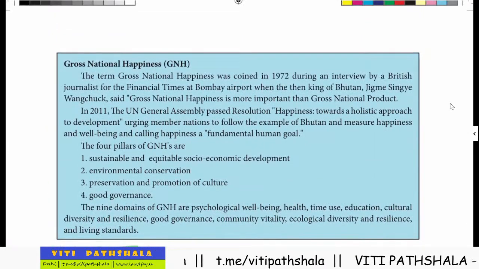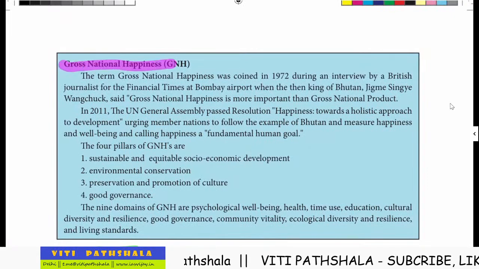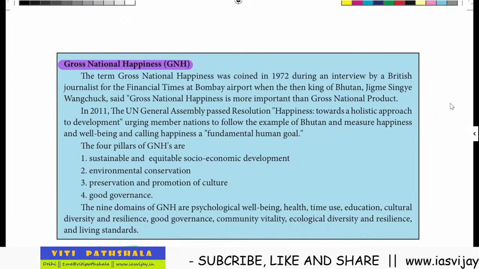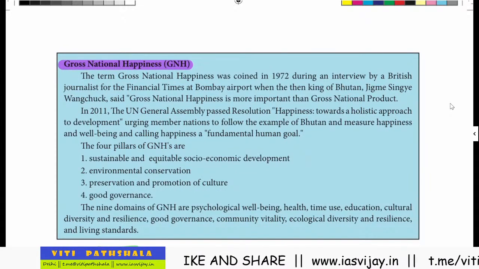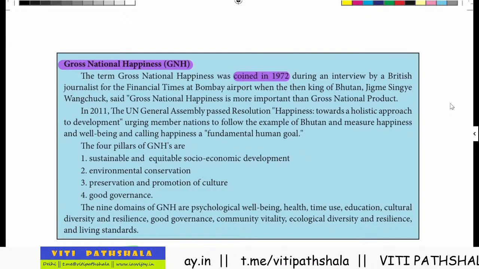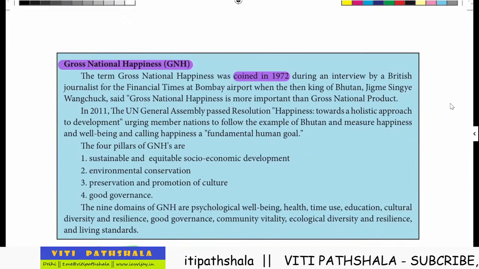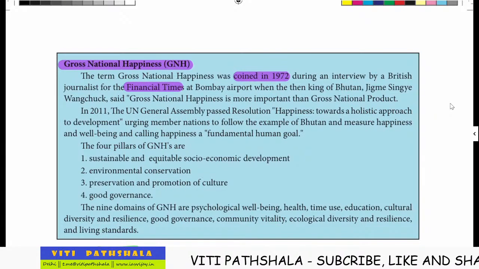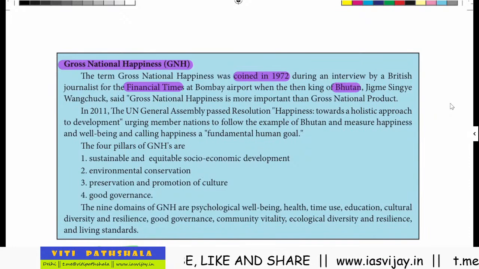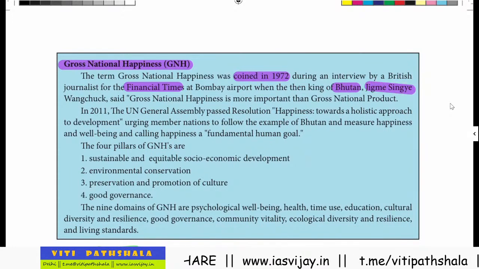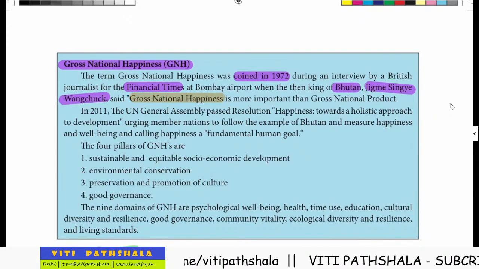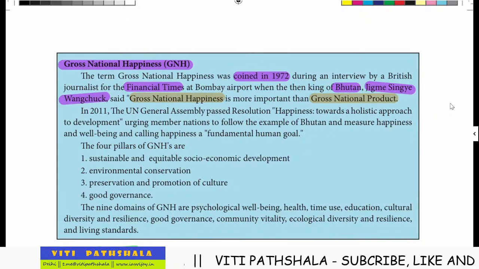Now, the next thing is gross national happiness. What do we mean by gross national happiness? The term gross national happiness was coined in 1970 during an interview by a British journalist for the Financial Times at the Bombay airport, when the then king of Bhutan, Jigme Singye Wangchuk, said that gross national happiness is more important than gross national product.